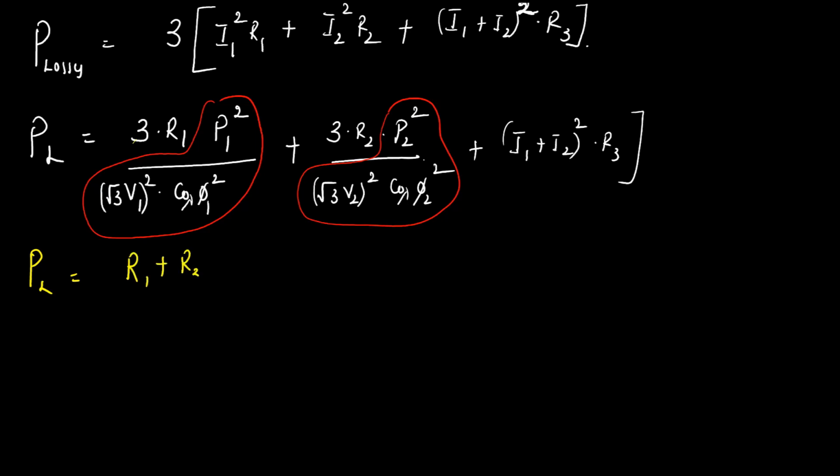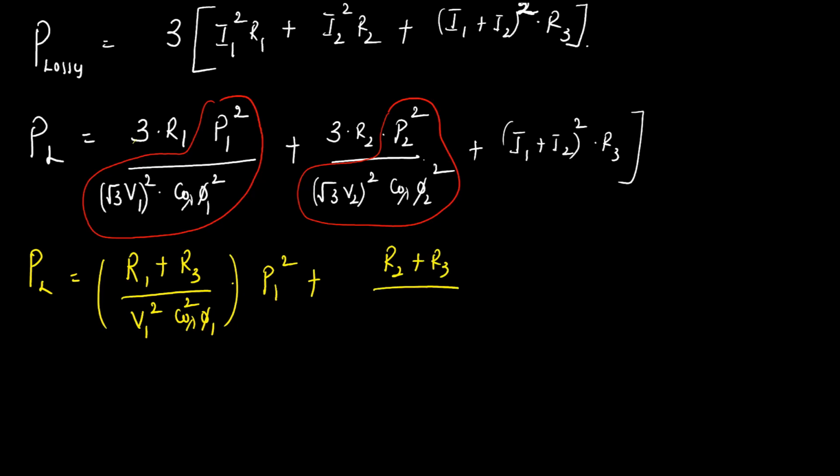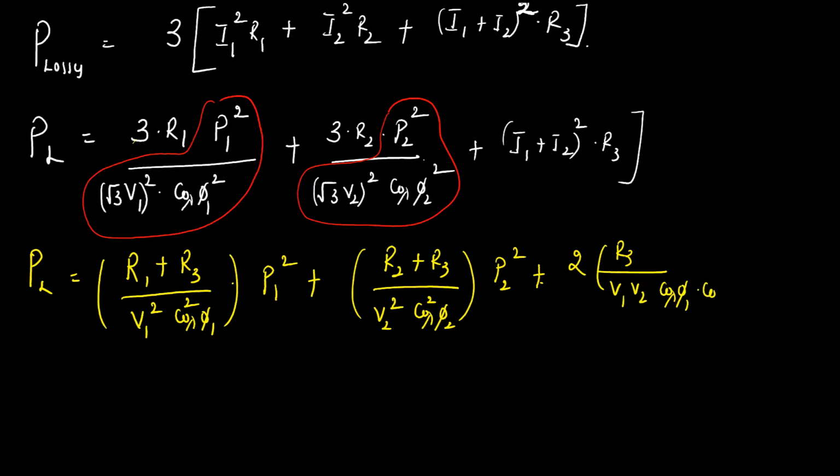R1 plus R3 divided by V1 square cos square phi 1 into P1 square plus R2 plus R3 divided by V2 square cos square phi 2 into P2 square plus 2 times R3 divided by V1 V2 into cos phi 1 into cos phi 2 into P1 P2.